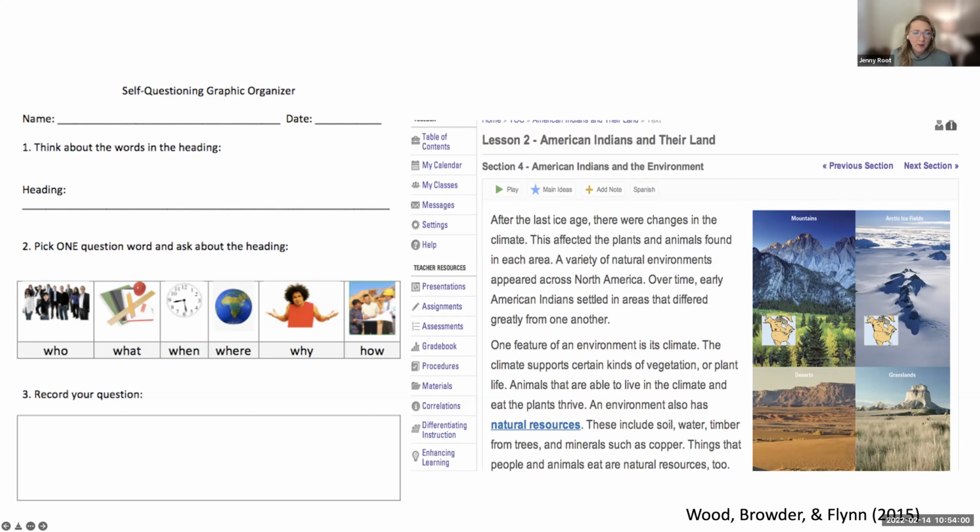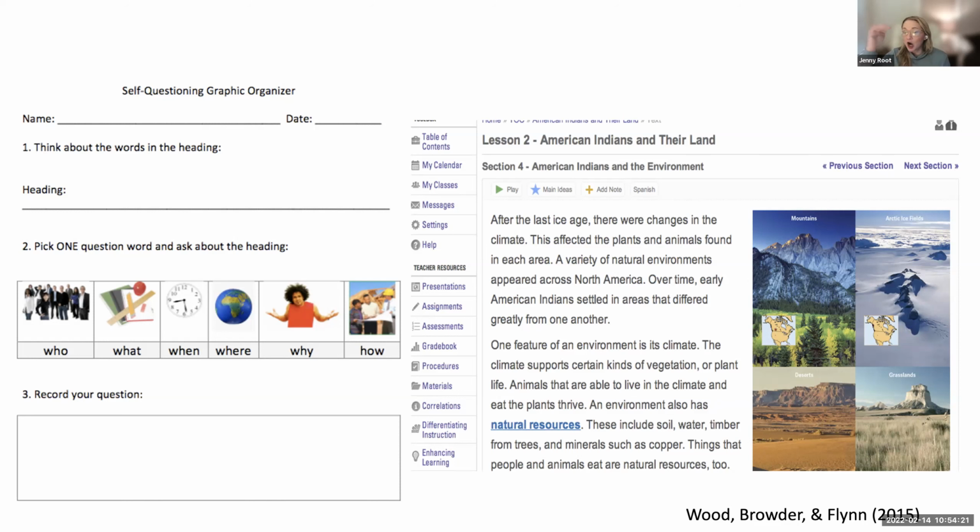Or when did the American Indians live? That one doesn't make as much sense, but you can teach them how to put those words in front and see if that helps the heading make more sense. And that's a great pre-reading strategy.